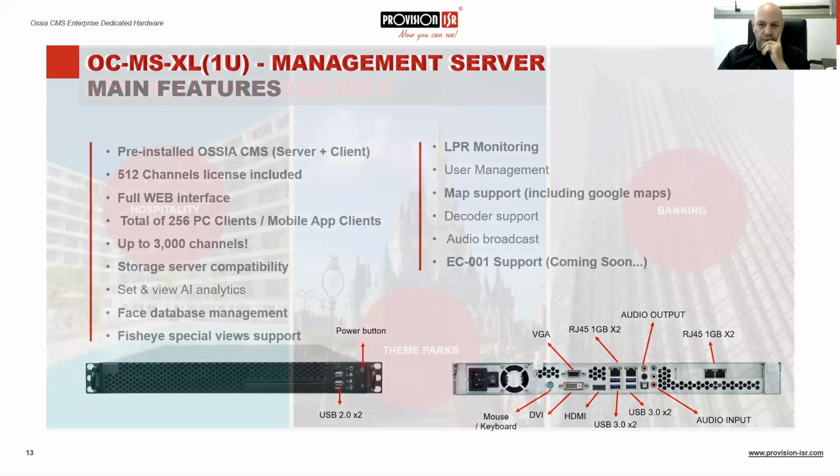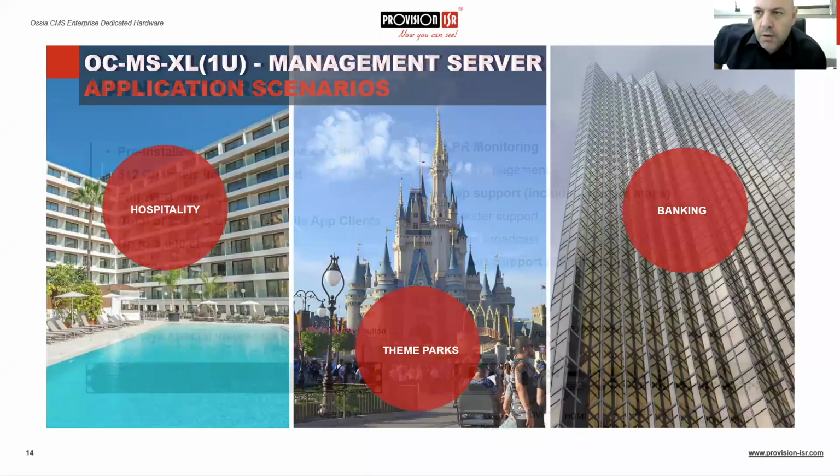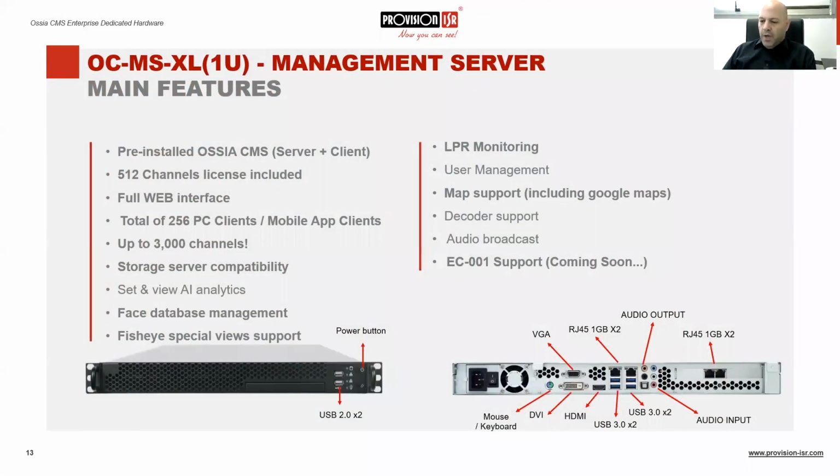Just one remark when it comes to price. A PC server that can more or less meet the spec for a management server that can hold this number of channels, an integrator can buy locally at roughly $5,000 to $7,000, more or less.